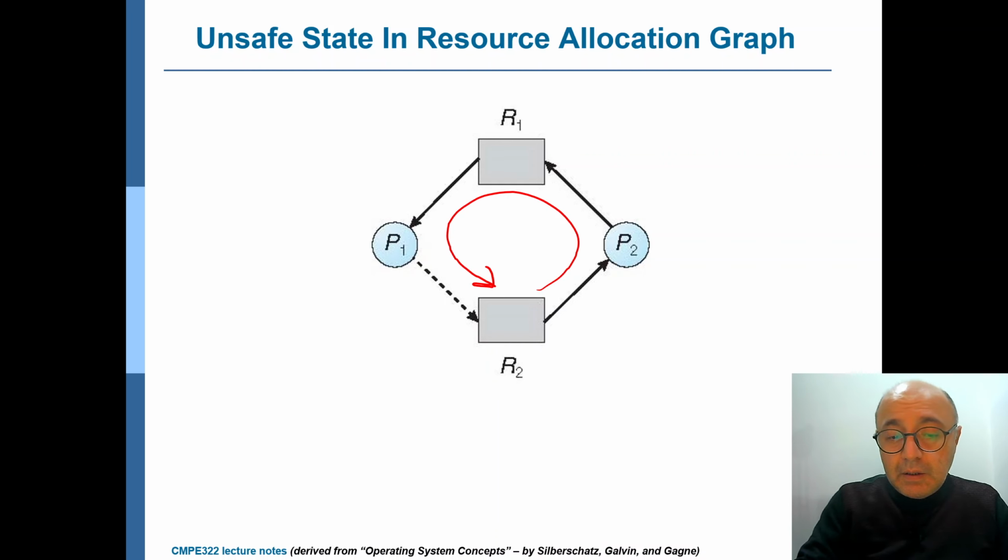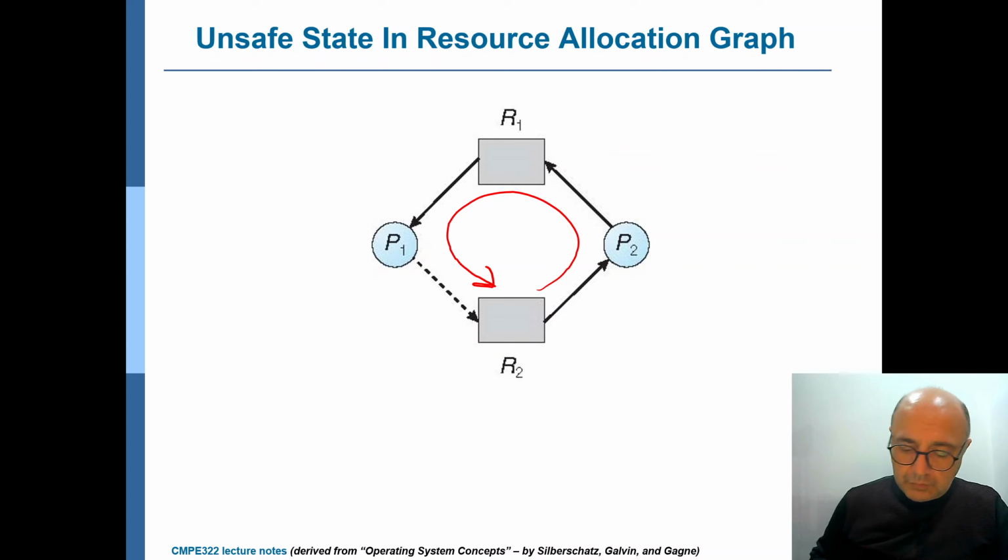Well, you might say P1 to R1 is not assigned yet, this is just a claim edge. You are right, but still it's something that could happen in the future. And if P1 makes that request while R2 is still assigned to P2, there will be a deadlock. So I'm not in a deadlock state at the moment, but I am in an unsafe state. So I will not do it because this is unsafe. That's the idea.